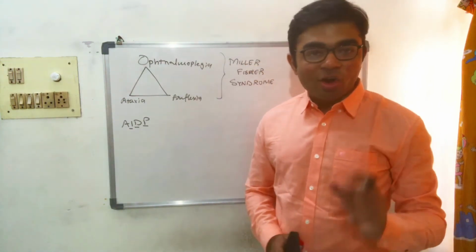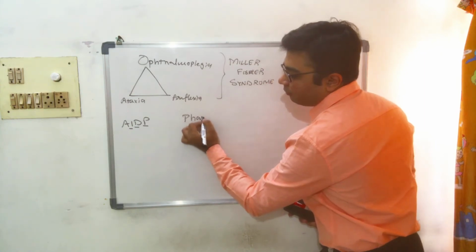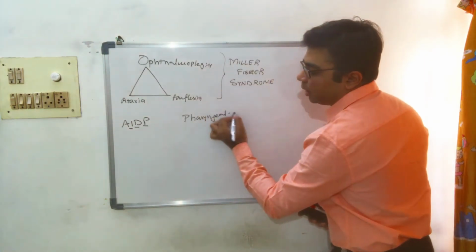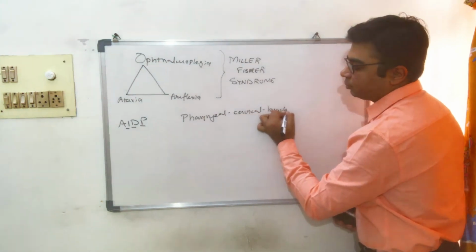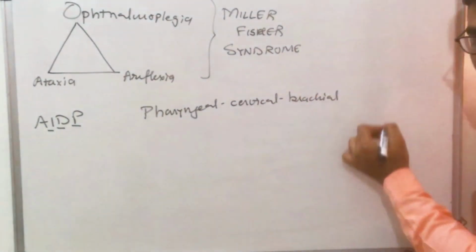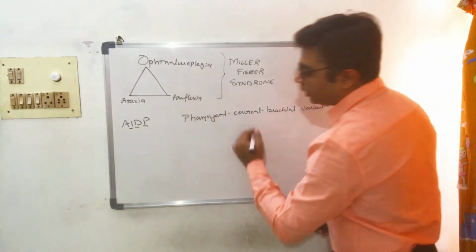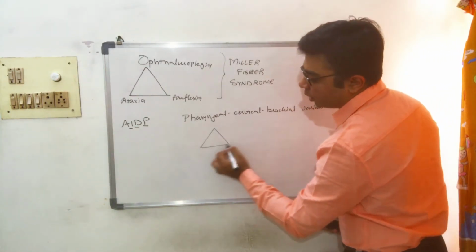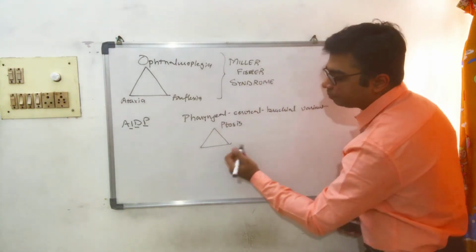Third variant of the GBS is the pharyngeal, cervical, brachial variant. In this you see another triad of ptosis, that is drooping of the eyelid.